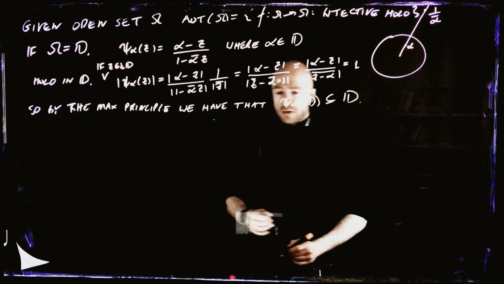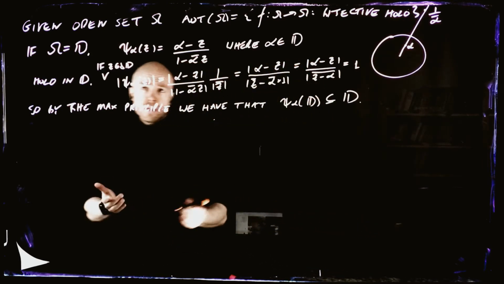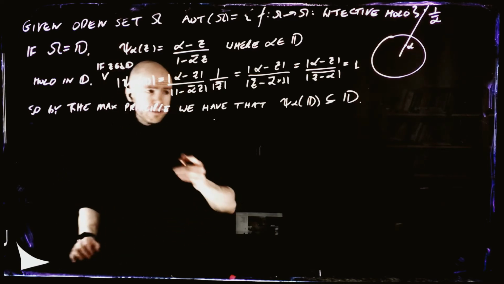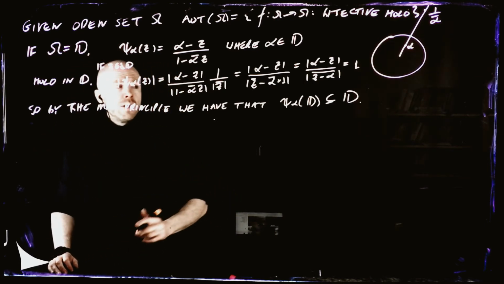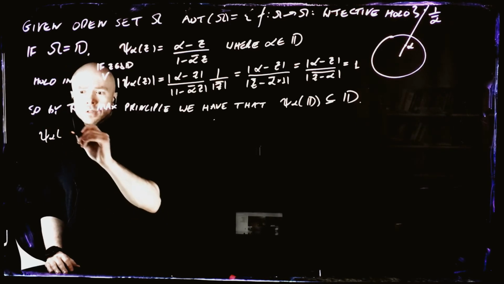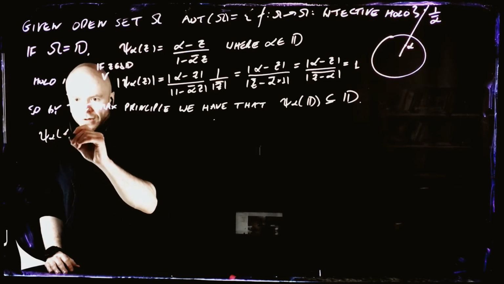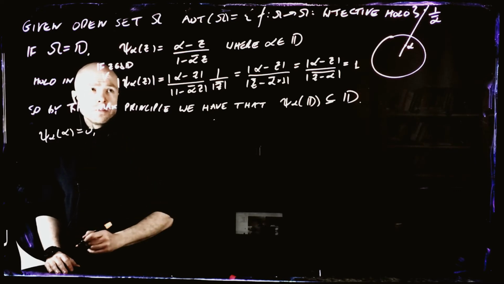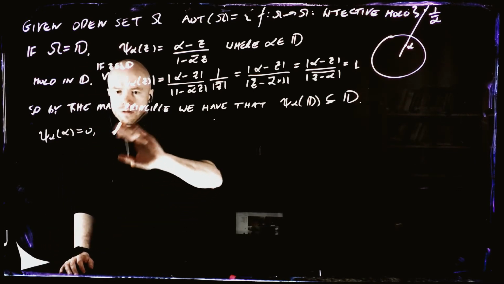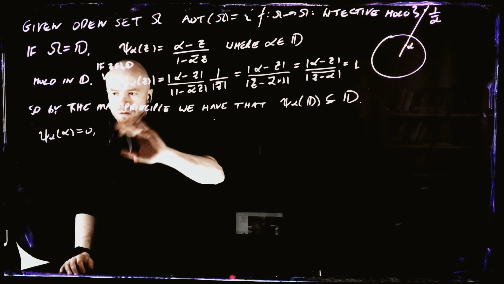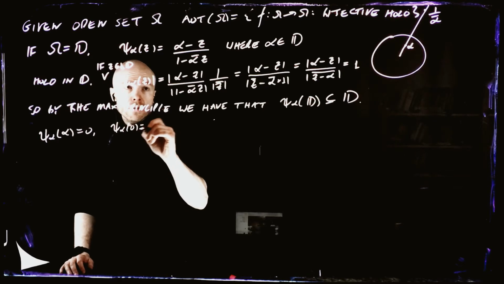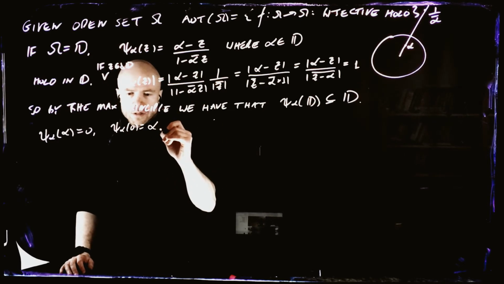Yeah? And what's curious about this thing is that when it composes with itself, it actually inverts itself. It's a self-inverse. So to see this, note the following. If we consider phi alpha of alpha, this is equal to 0, right? And phi alpha of 0 is just equal to alpha.